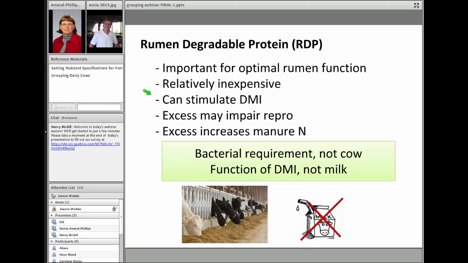But on the plus side, rumen degradable protein above requirement has been shown to stimulate feed intake. Rumen degradable protein above requirement has been shown to improve fiber digestion. So you don't want to be deficient. You want to make sure you have enough.